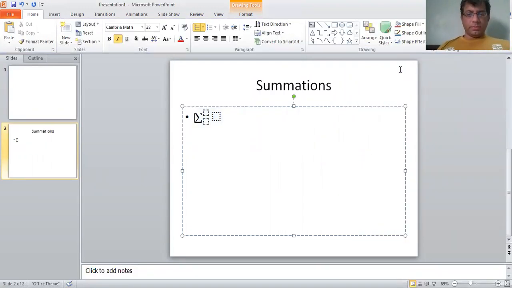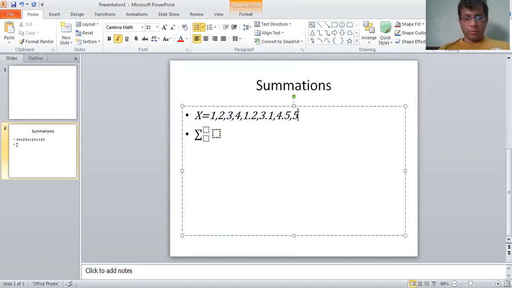But before this, suppose we have some data set x equals 1, 2, 3, 4, 1.2, 3.1, 4.6, 4.5, and I want you to have a 3.1 over here, like 1.2 over here, and we have something like 5.3, something like 6.1, something like 7, something like 8, 9.